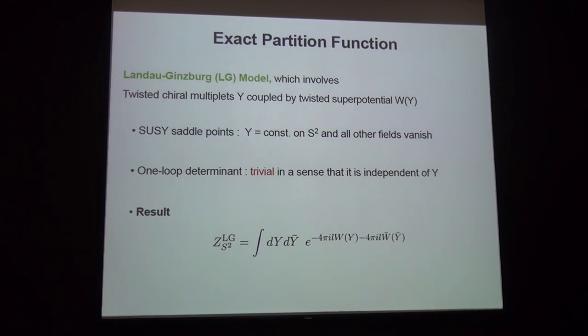So as a consequence, the two-sphere partition function of this Landau-Ginzburg theory can be written in the following simple form. This is just an ordinary integral, and the integrand depends on this twisted superpotential W. And it's important to note that this exponent here is purely imaginary. So this is the exact two-sphere partition function of this Landau-Ginzburg theory.